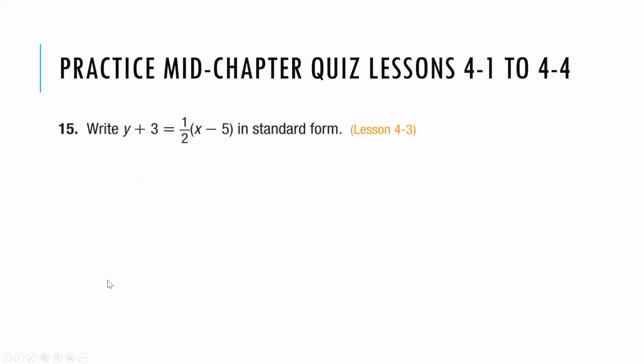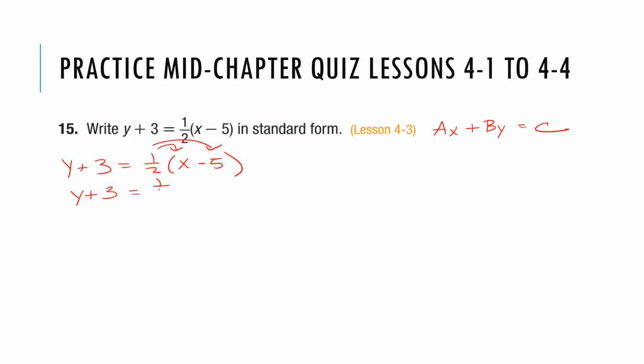It says write this equation in standard form. Now, standard form, remember, is ax plus by equals c. So we have our equation y plus 3 is equal to 1/2 x minus 5. First thing we want to do is distribute this 1/2. So we've got y plus 3 is equal to 1/2 x minus 2.5.